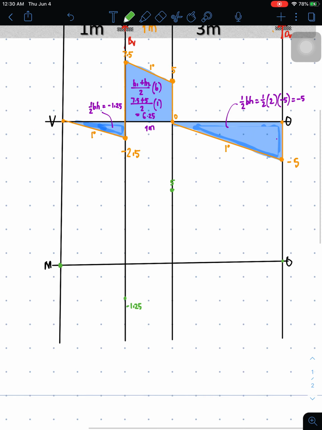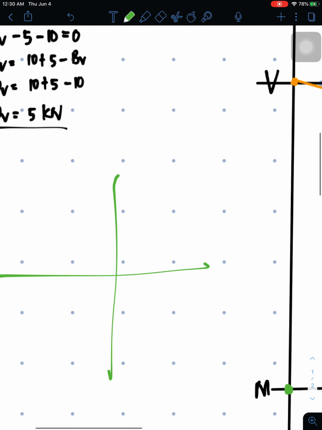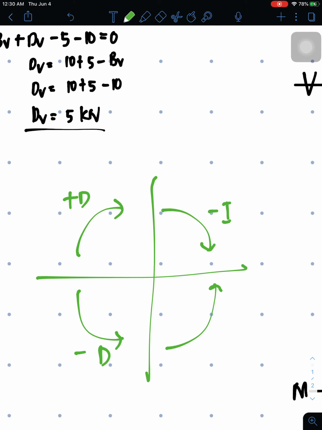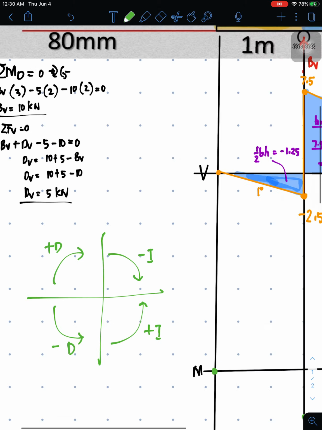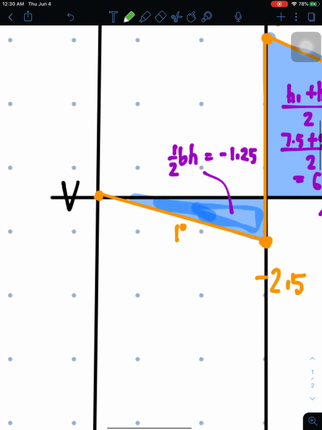Okay, let's plot the moment diagram. How do we plot the moment diagram? How do we connect? Kani siya itong sundon, diba? This is positive decreasing. This is negative decreasing. This is negative increasing. And this is positive increasing. Alright, from A to B, like connecting this 0 and 1.25, atong tanaw ni siya nga area.